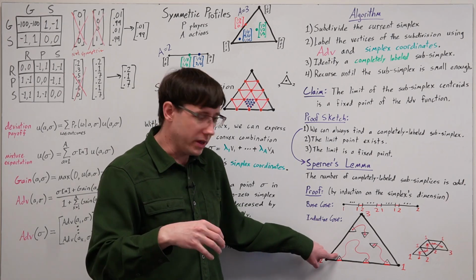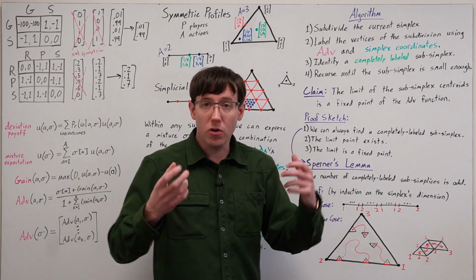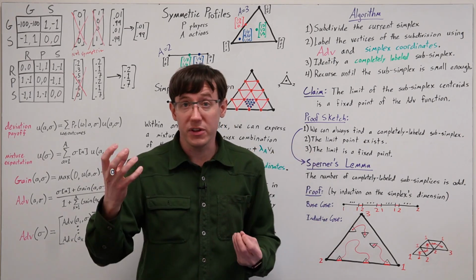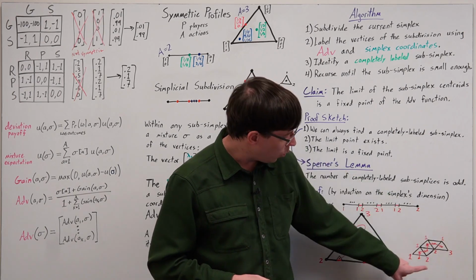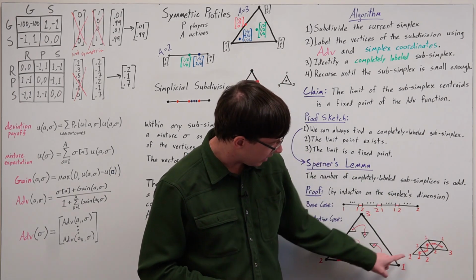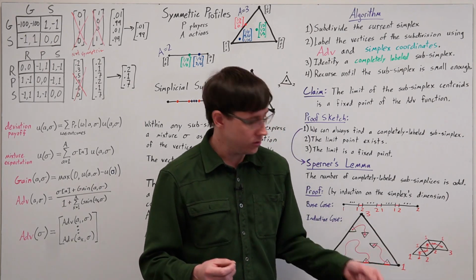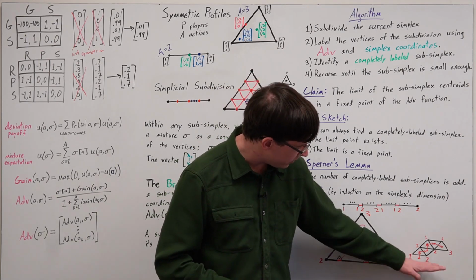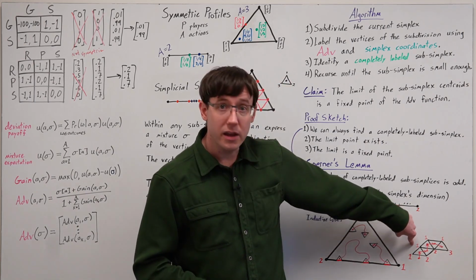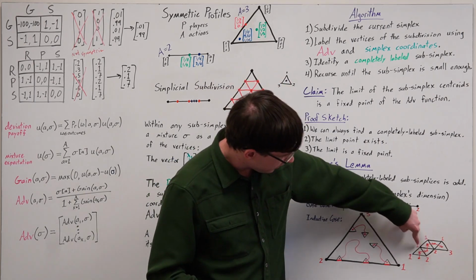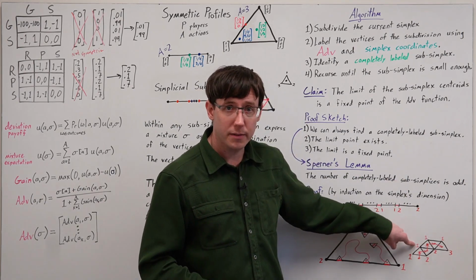But if it's a duplicate, then we can define a walk through the simplex to try and identify something that's completely labeled. So here we have a walk that is entering the simplex along a completely labeled face. We have the labels 1 and 2 on this edge, but the additional label of the n+1 dimensional subsimplex is a duplicate.